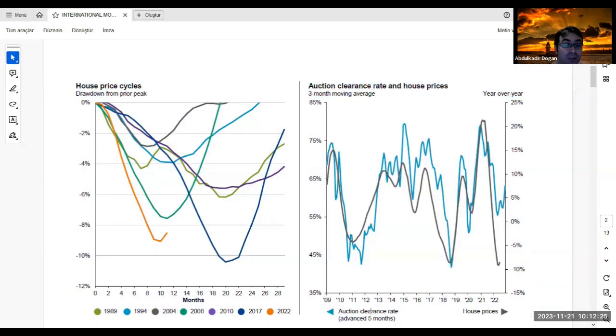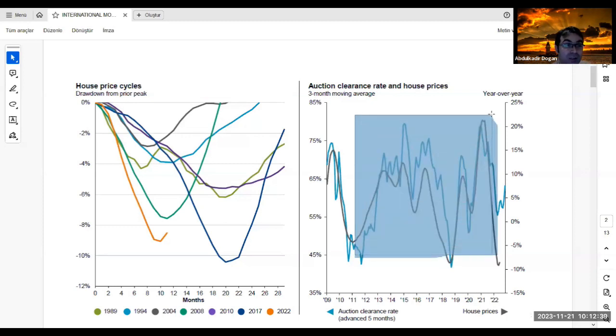Because the auction clearance rate decreased approximately from 75% to 45%, the house price followed the same path. There is a huge correlation between the auction clearance rate and the house price index, so it is starting to decrease.